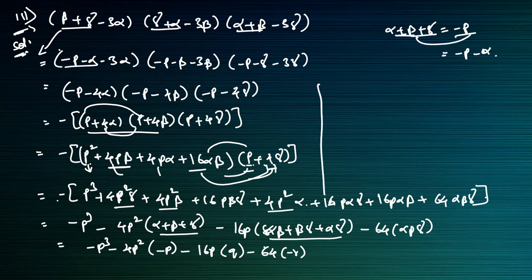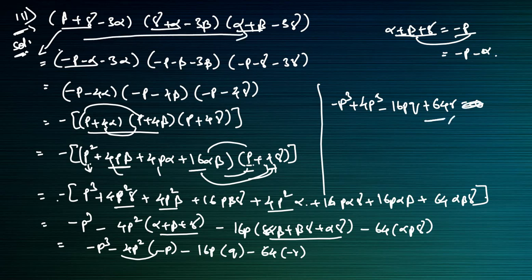So I will write the answer here, it will become minus P cube, and minus into minus plus 4P cube, and here minus 16PQ, minus 64R. So minus into minus plus 64R, so like this the answer will come here. So total this answer is equal to this, okay.